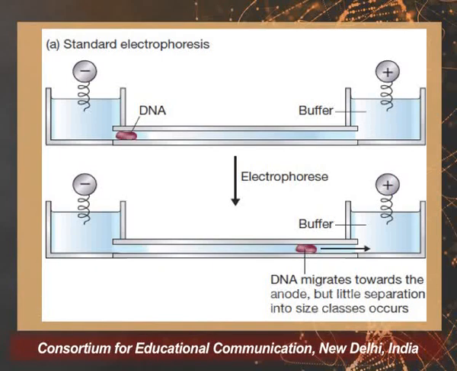Now, when the electric current is passed, then the DNA from the negative side will start moving towards the positive side because it itself is negatively charged. So, DNA migrates towards the positive end, and this movement we can harness to even separate the different DNA molecules.